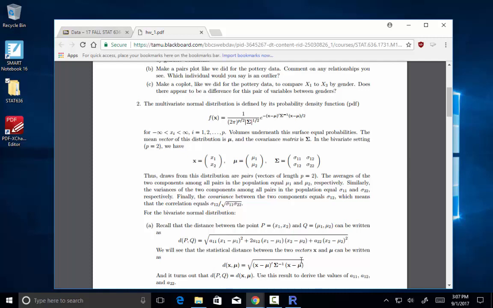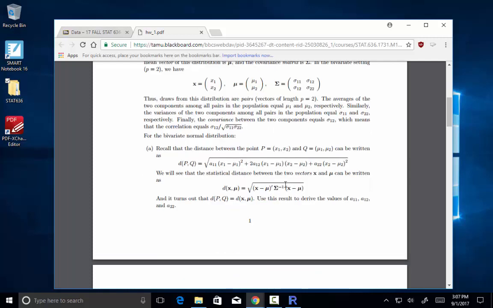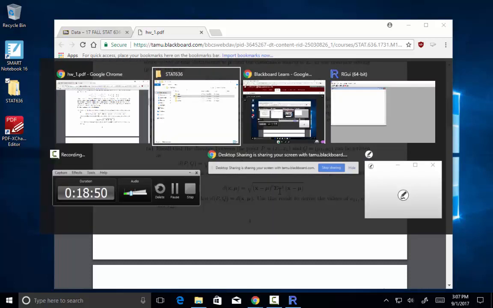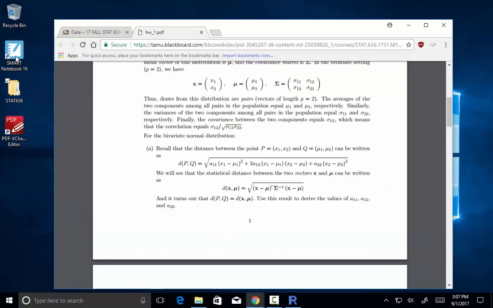So instead of Euclidean distance, we're going to use throughout the class this idea of a statistical distance. This is topic 1 stuff in your lecture notes. There's also a section in the textbook about distance and Euclidean distance and statistical distance. This quantity right here, let me just write something on the board for us momentarily.